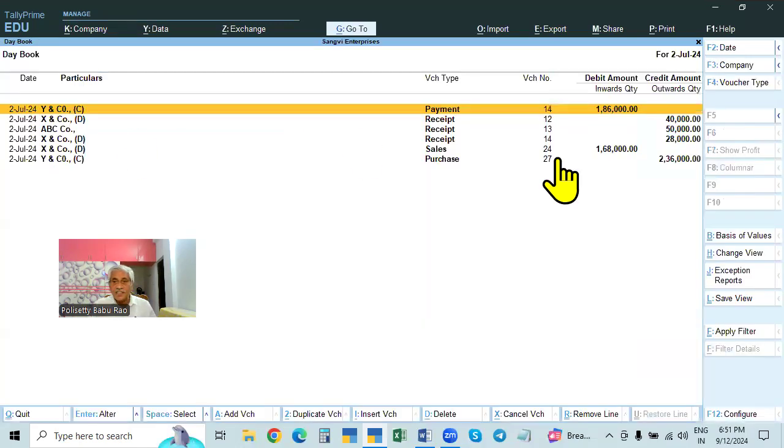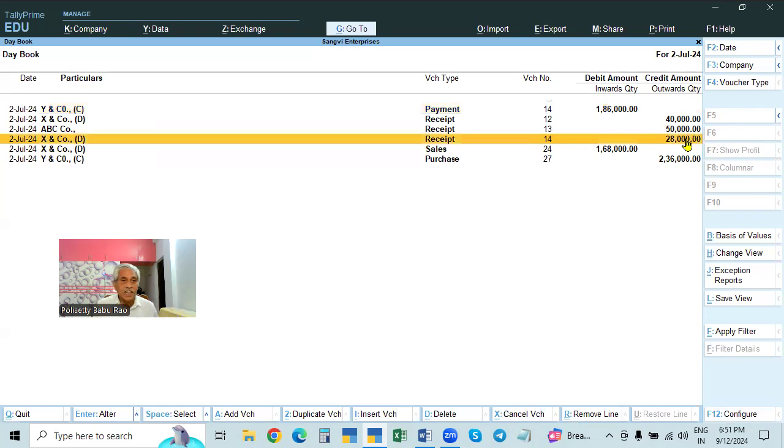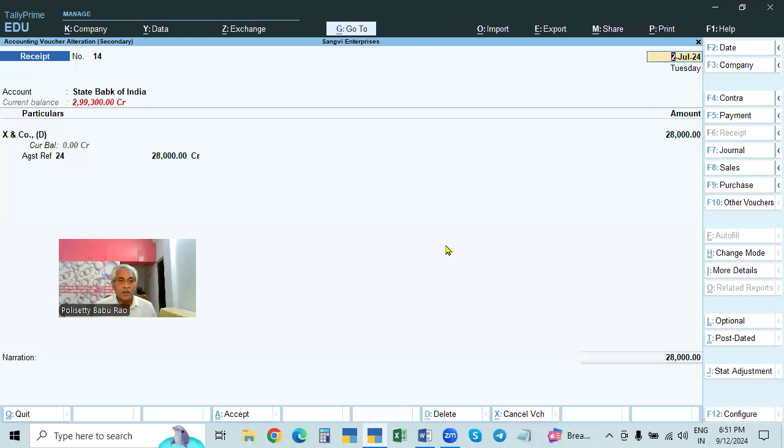For example, on 2nd July we received 28,000, that is the balance, from the debtor by check. It may be an online bank that gives good service on the same date. On the same day, this check is bounced. So in the case of check bounce, where will you make the entry?